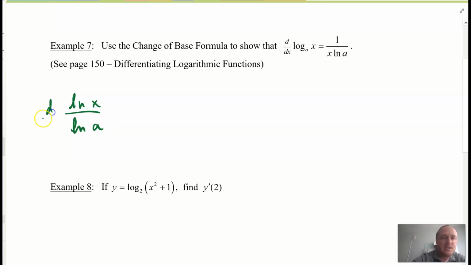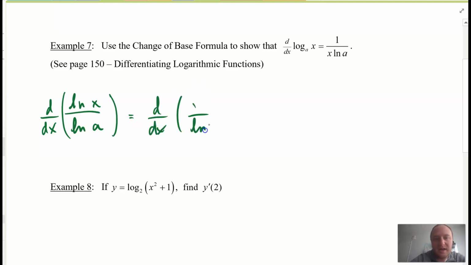Okay, and I want to take the derivative of this, d/dx. I'm going to go ahead and expand this. So I want the derivative of 1 over the natural log of a times the natural log of x. And what I want you to think about is that the natural log of a is a numerical value. So that is a constant value, essentially.